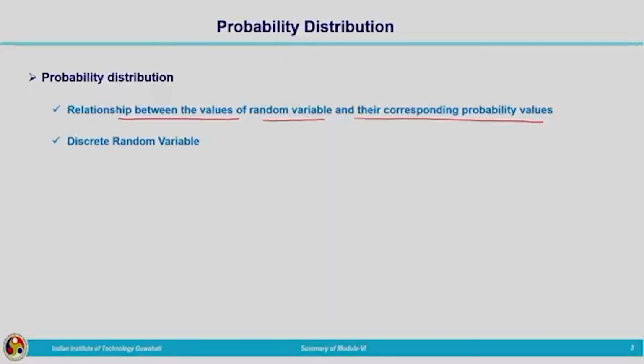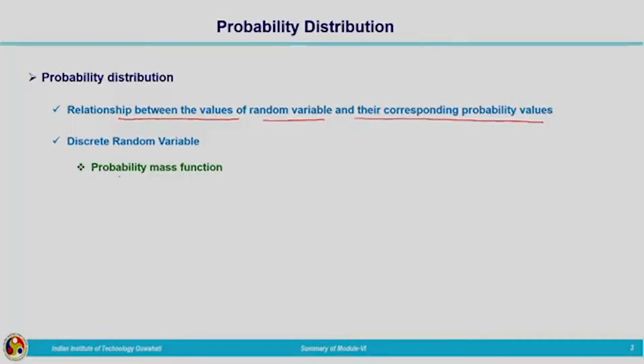So, for each and every value related to this random variable, there is a probability associated with that. The relationship between the value of this random variable and the associated probability is described by means of probability distribution. Different distributions related to discrete random variable and continuous random variables we have covered. When we were discussing discrete random variable, we have seen how the probability distribution function can be represented.